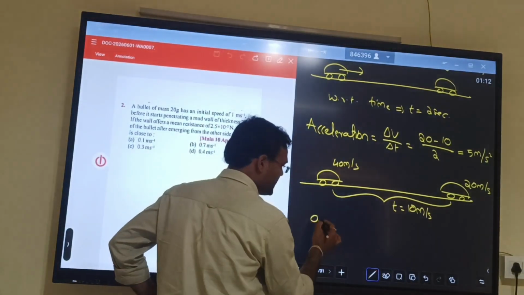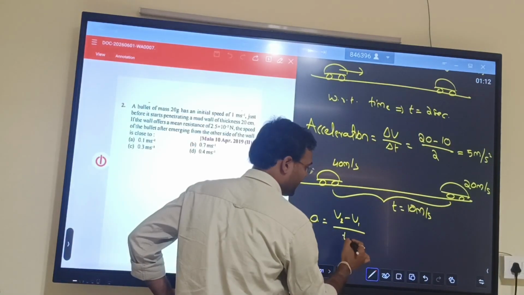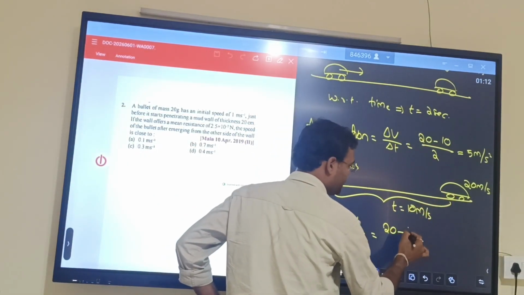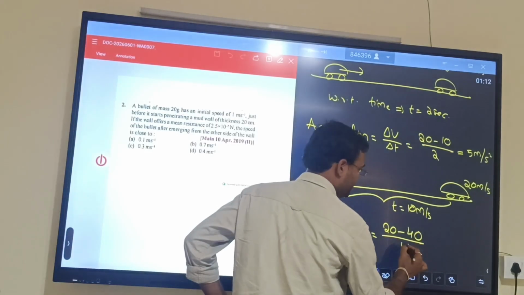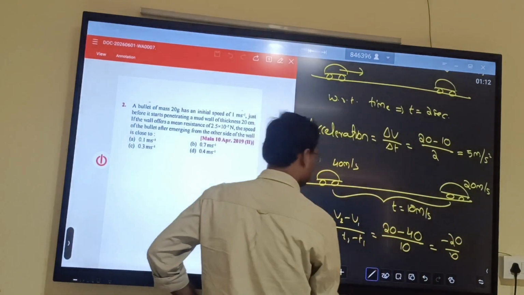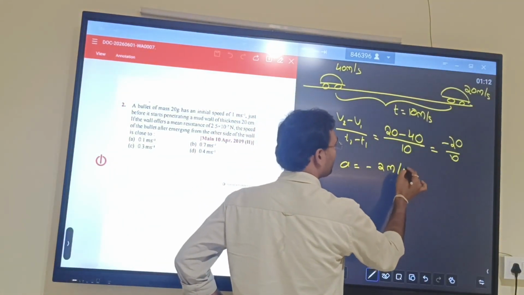Again, acceleration is equal to final velocity minus initial velocity by time. Final velocity is 20, initial velocity is 40, by 10, which gives minus 20 by 10, which is equal to minus 2 meter per second square.